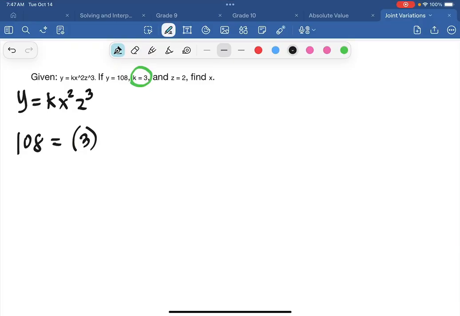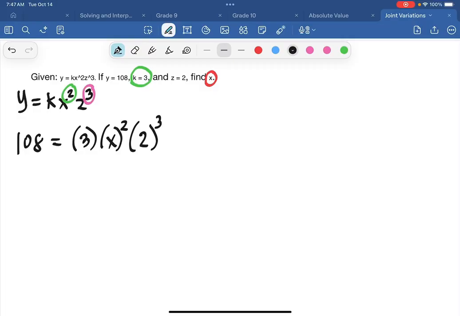We don't have the value of x because x is being asked for. But again, don't forget that this one should be an x squared, times the value of z, which is 2. And also, don't forget the cube, because this one is cubed, the perfect cube.